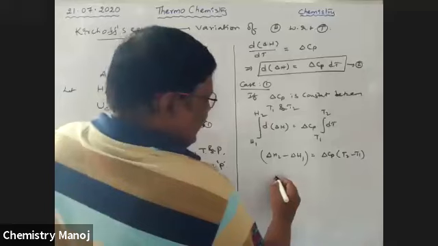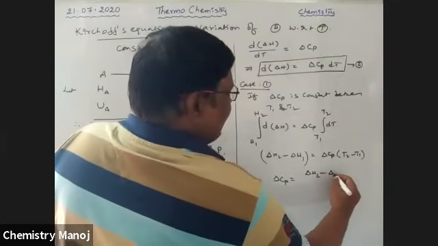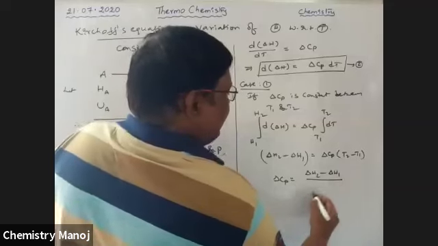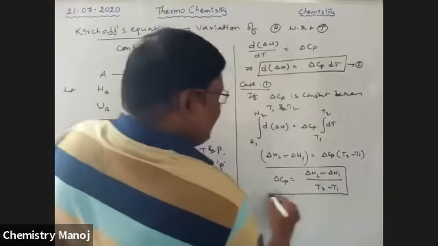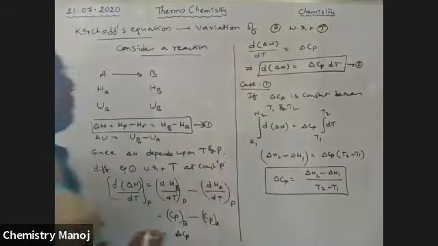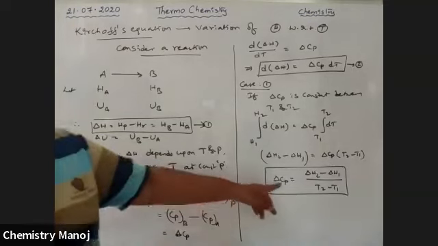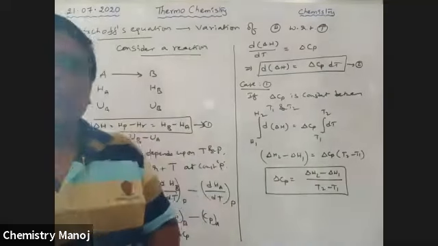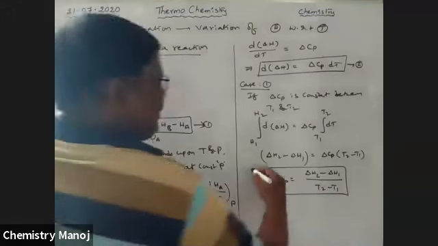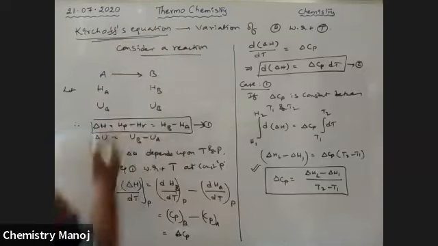Now I got delta Cp is equal to delta H2 minus delta H1 by T2 minus T1. This is the change in heat capacity of the system at constant pressure. This equation is called Kirchhoff's equation.